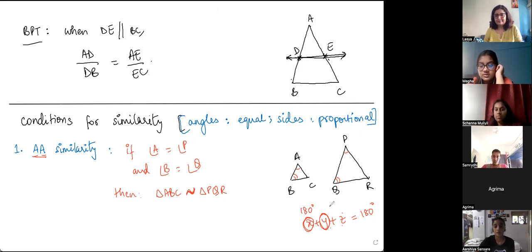Ma'am, they will also be the same, they will be equal, because when you add them up, they need to sum up to 180 degrees only, right? So the third angle will also be the same. So that's why you don't have to check all three angles. You just check two angles, if they are equal, you can conclude that the triangles are similar. Okay, so AA similarity is one. Next one.